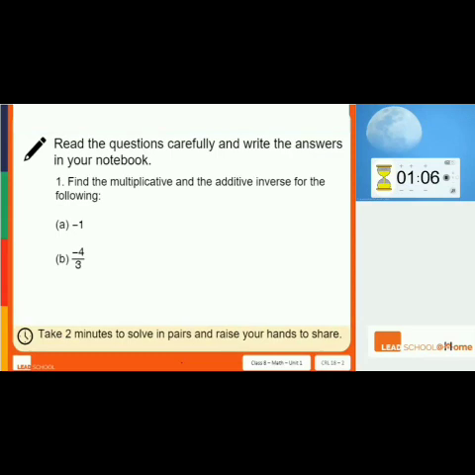Last 10 seconds. Last 1 minute. Last 10 seconds. 5, 4, 3, 2, 1, 0.